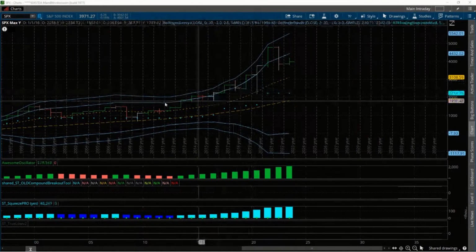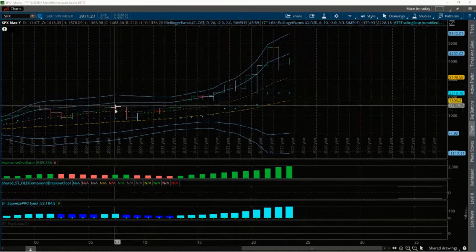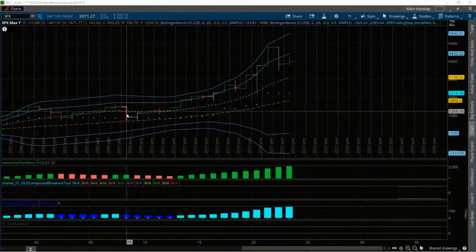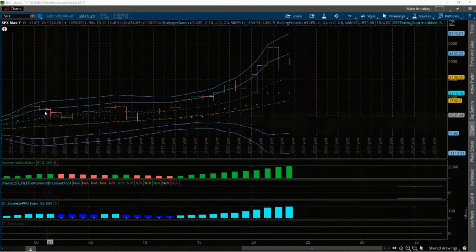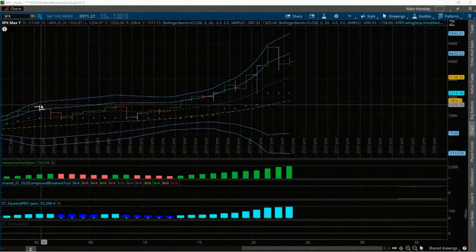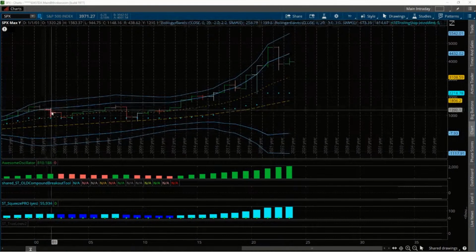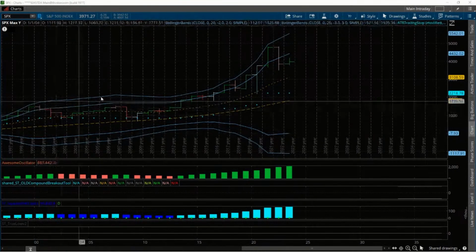But if you go back further in time, you'll notice that in 2007, we printed a bearish divergent bar before that bigger downturn in 2008. And we also had a bearish divergent bar that printed in the early 2000s before the bigger turn down that happened here.